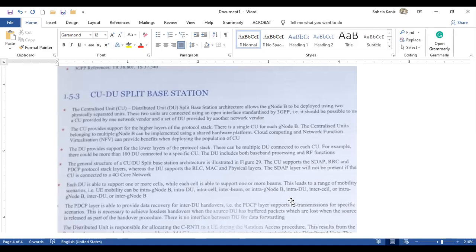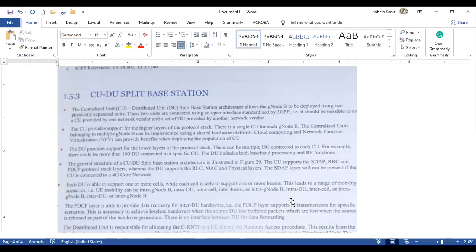As an operator, if you don't have enough capital for the whole deployment, you can even split. There will be different vendors who will join your operation, and they'll deploy a few base stations in some places, and they'll connect to you. You deploy the centralized unit, which implements the upper layers.